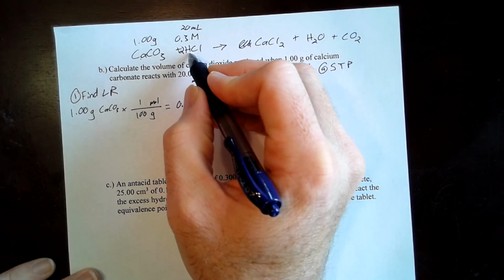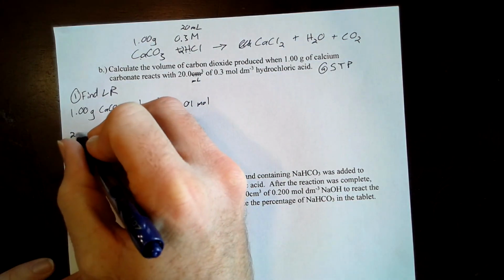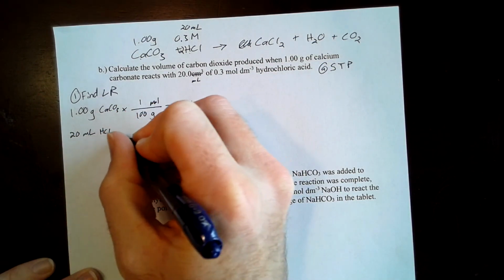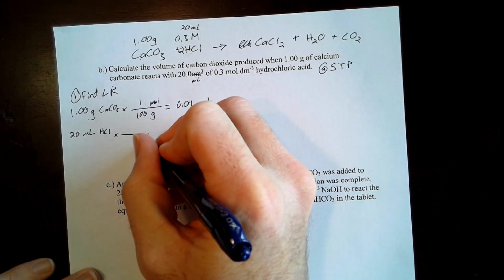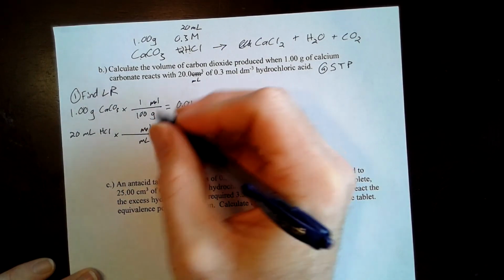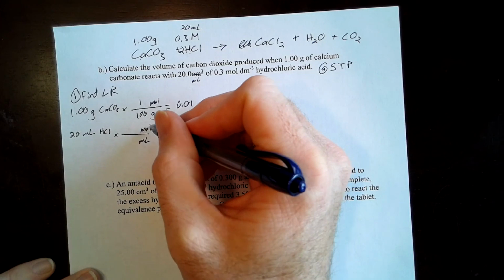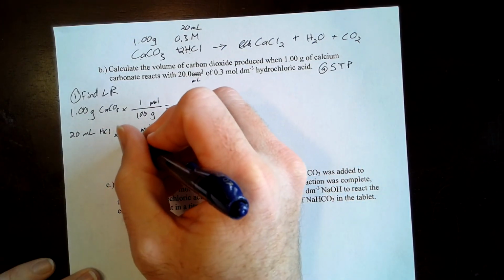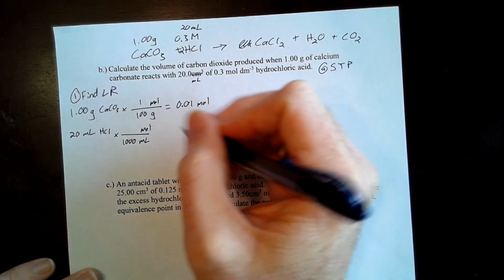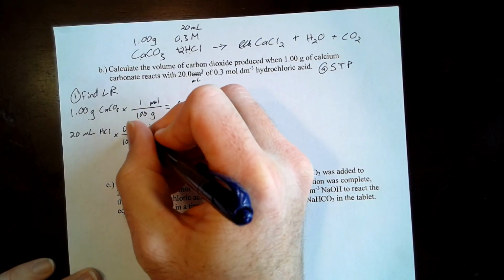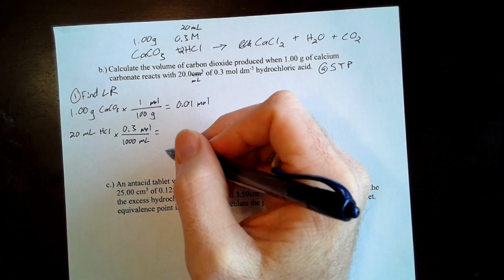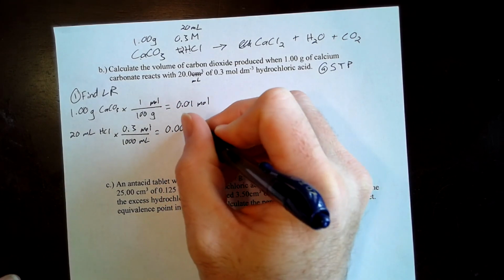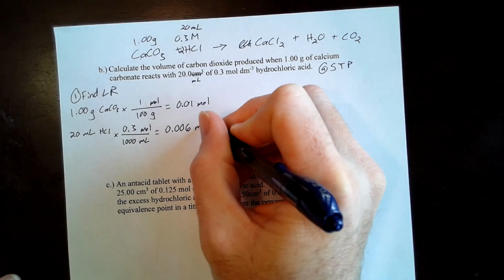And then we'll find the moles of HCl by taking 20 milliliters and converting milliliters into moles using that molarity, because molarity is moles over liters. So we have to put 1,000 milliliters here, and that's going to be 0.3. And when we do that calculation, that's going to be 0.006 moles.